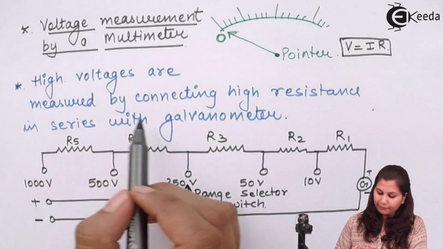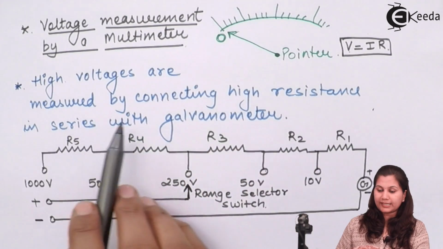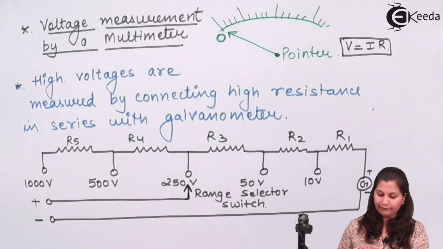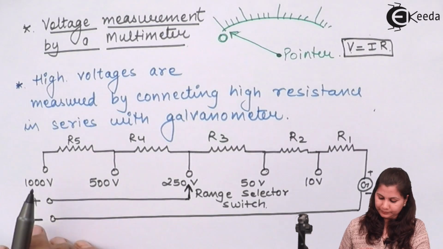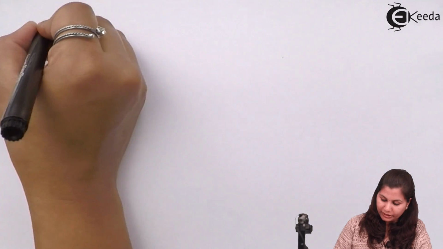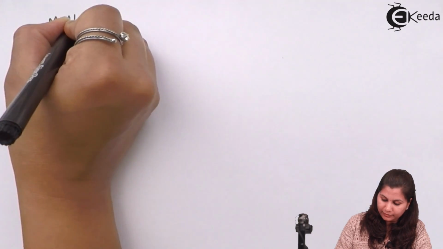So voltages are measured by connecting the resistances in series with the galvanometer. Now this series resistance is also called a multiplier, because the resistance value is getting added and voltages are being multiplied here. So it is called a multiplier.